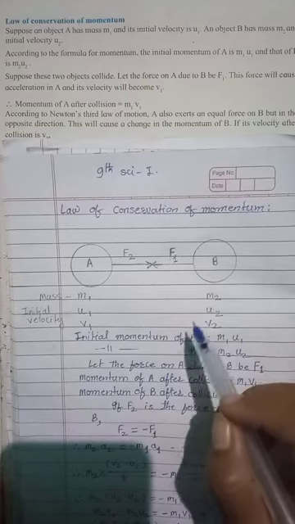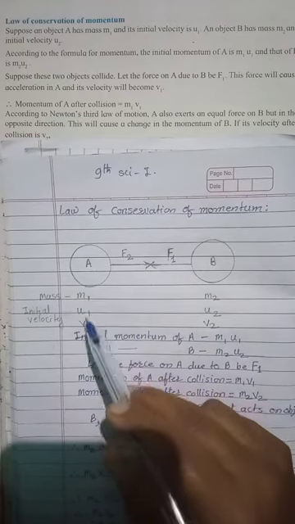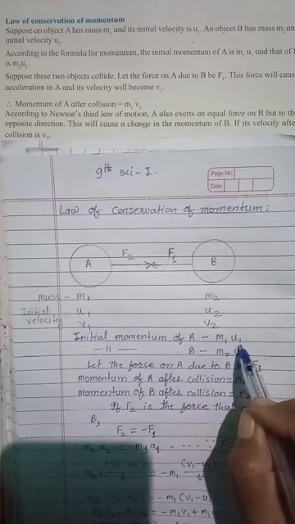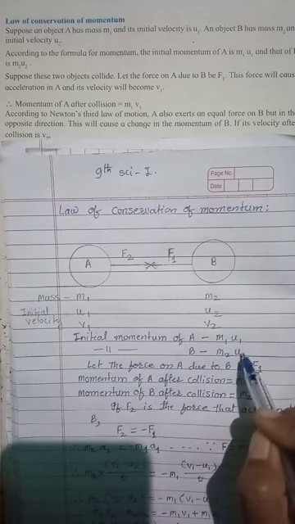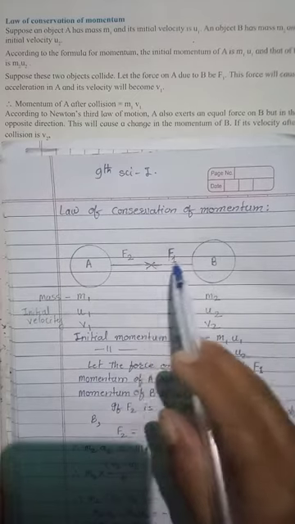According to the formula for momentum, the initial momentum of A is m1 u1 and that of B is m2 u2. Suppose these two objects collide.